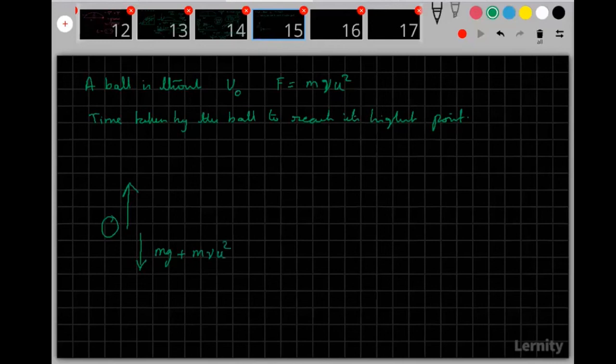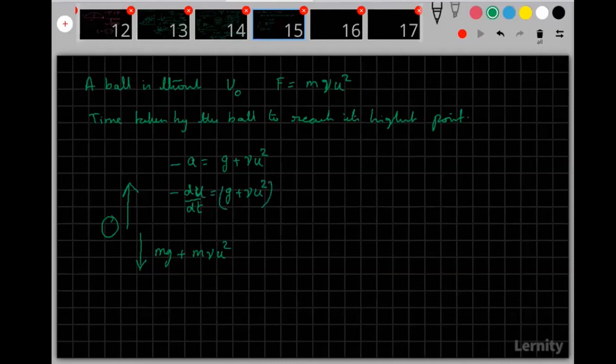So can I say acceleration is equal to g plus gamma u square, especially for the upward motion? So it is deceleration, so I'll say minus dv by dt is equal to g plus gamma u square.